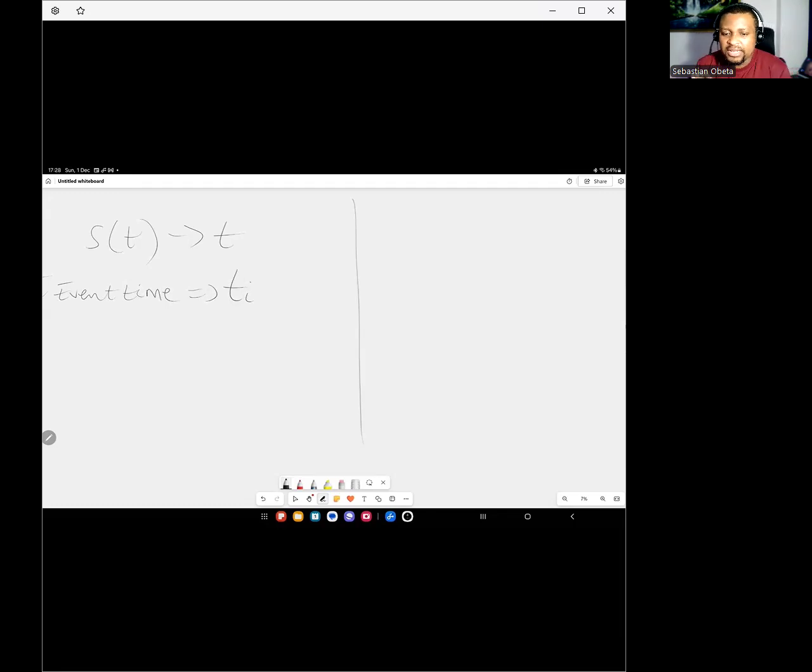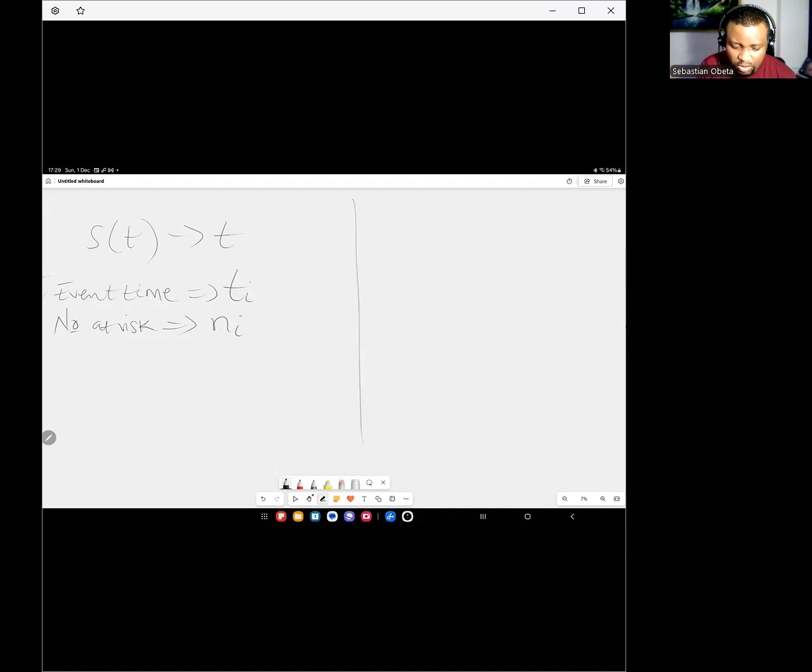Then the next variable is number at risk, known as N_i. So this number at risk is the number of individuals at risk just before time t, just before the event time.